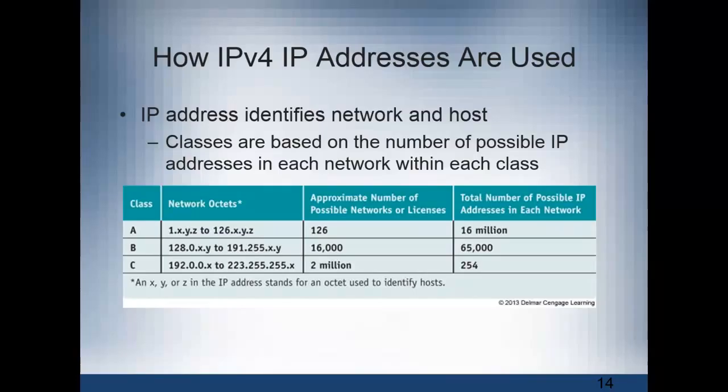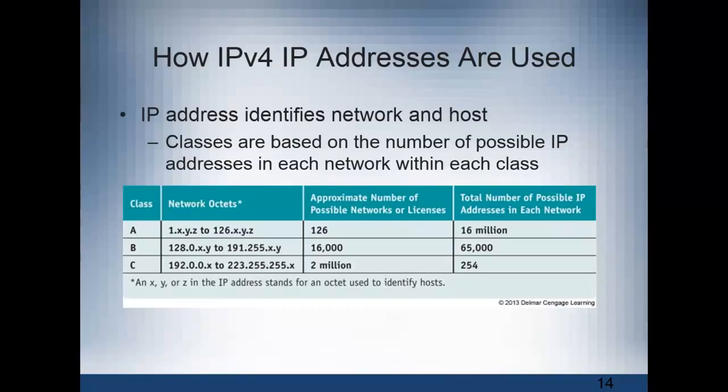Because there are 3 octets that can be used for Class A host addresses, one Class A license can have approximately 254 hosts, or about 16 million of those IP addresses. Now a Class B license leases the first 2 octets, as you see here, the 128.0, and these first 2 octets are used for the network portion, and the last 2 can be used for host addresses or for subnetting various networks.